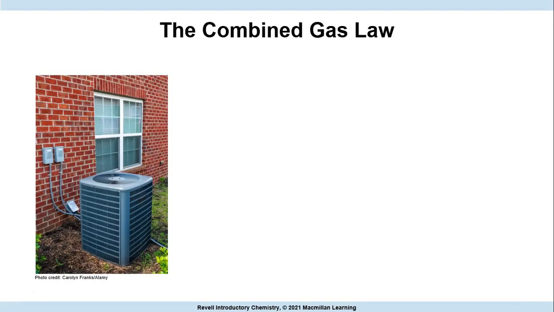The combined gas law uses Boyle's law and Charles's law all combined together. Air conditioners make use of all three properties of gases: the pressure, the temperature, and the volume. So the pressure, the temperature, and the volume, they vary. So we are going to see the combined gas law equation.